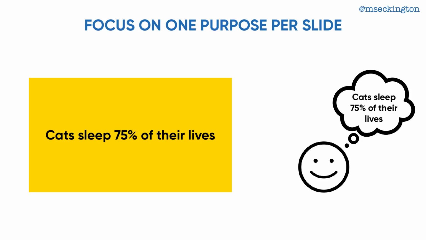Because while you are talking about the brief history of the house cat, your audience is actually reading and thinking about all the other things that are on your slide, and they won't be listening to you. So it's much better to split that out over multiple slides. Allow your audience to focus on that one thing that you're trying to get across.